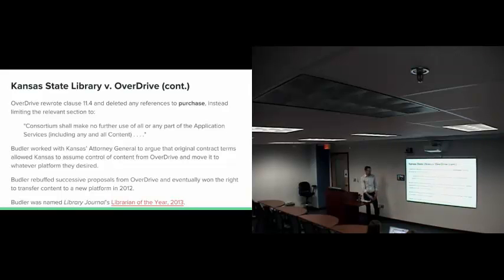As a result of that victory, at least in part, Joe Butler was named Library Journal's Librarian of the Year back in 2013. So it's a great example of a big win for libraries in this eBook licensing battle.